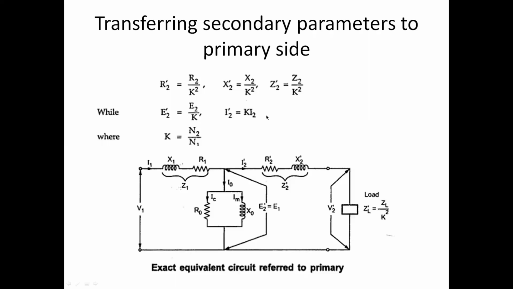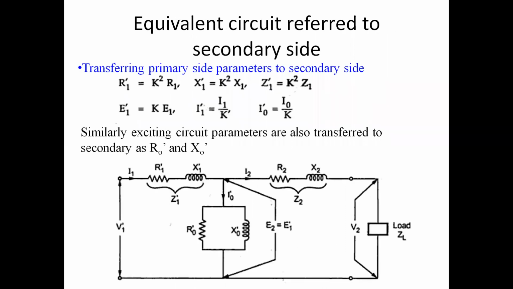Voltage is divided by K. Current is multiplied by K. But when we transfer from primary to secondary side, resistance, reactance, impedance are multiplied by K square. Voltage is multiplied, current is divided.